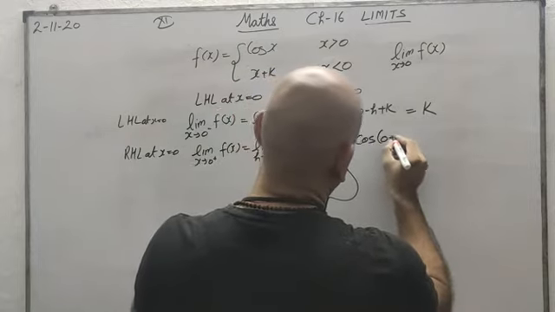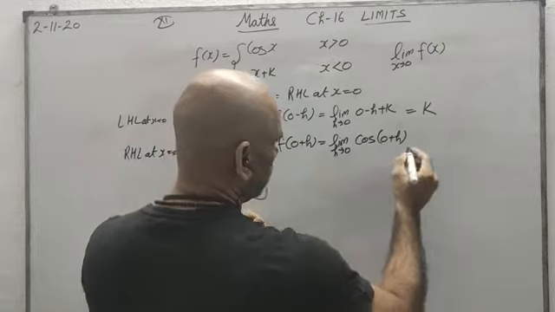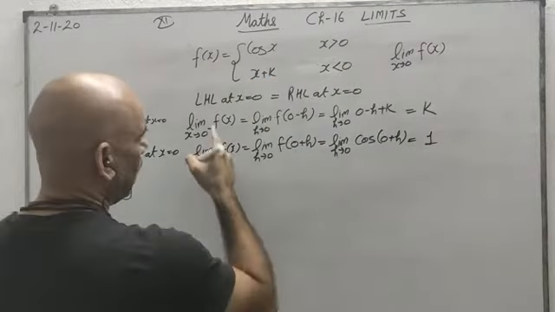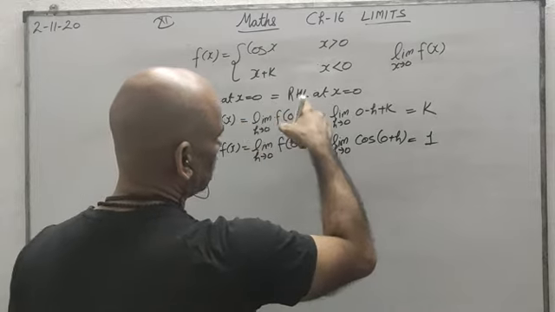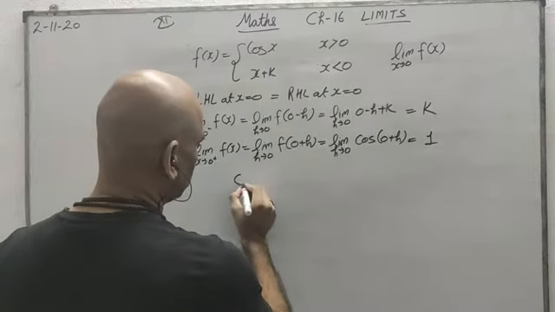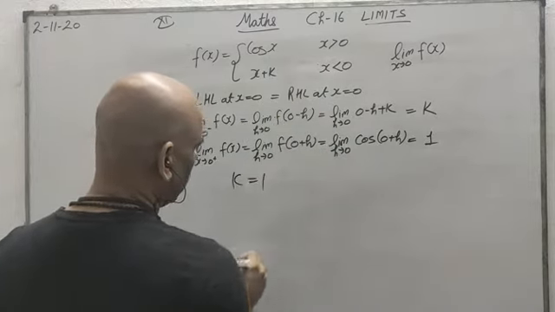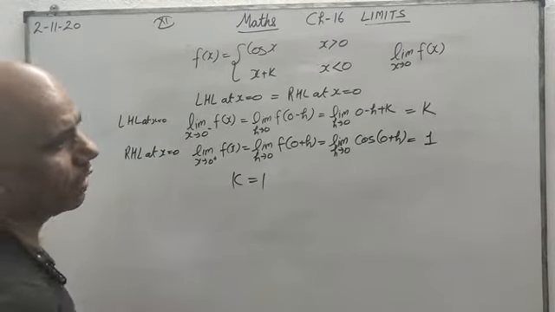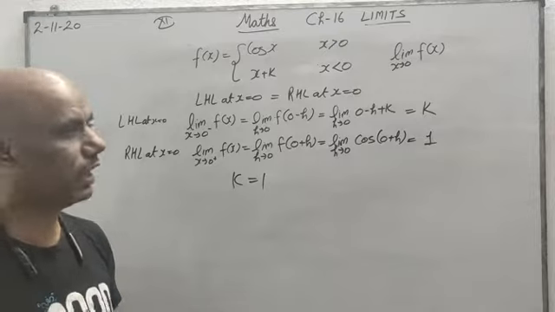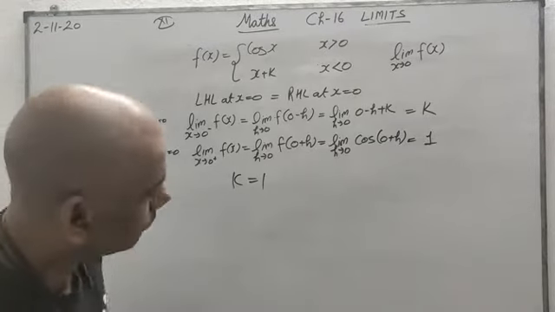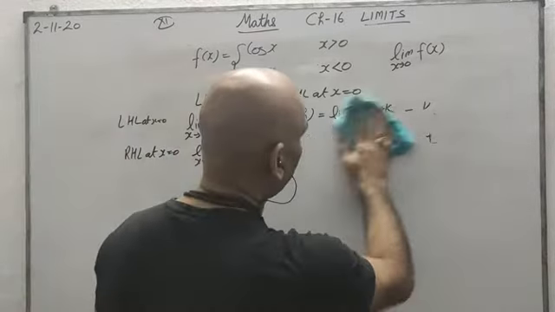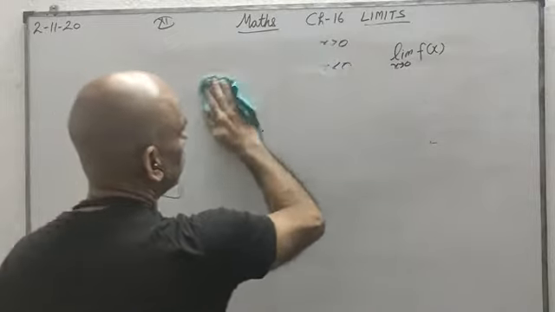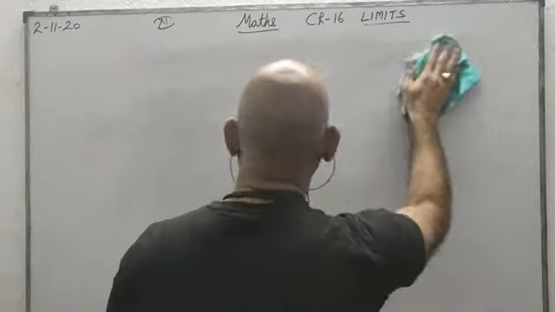Cos(0 plus h). H is 0, so it is cos 0, and cos 0 is 1. And since LHL at x is equal to 0 equals RHL at x is equal to 0, I keep their values equal, so I got k is equal to 1. Sometimes you may get a double equation here. So by solving the linear pair of equations, you will get the value of the unknown.